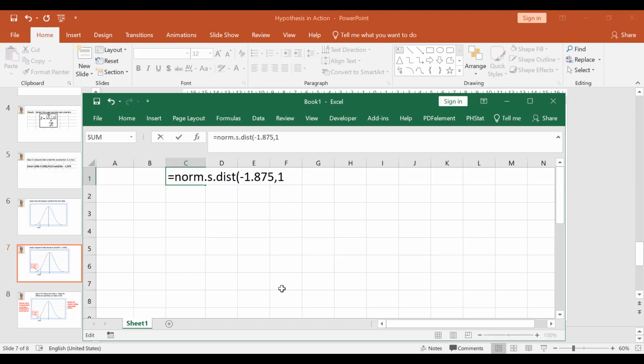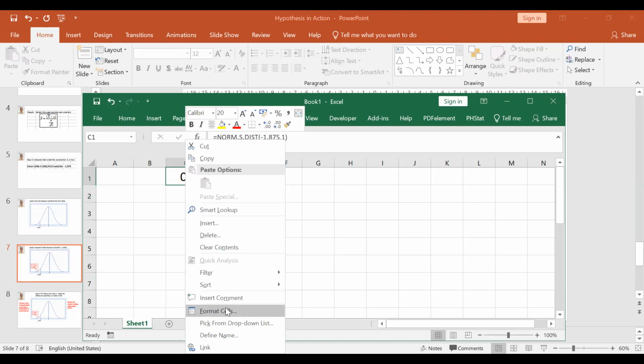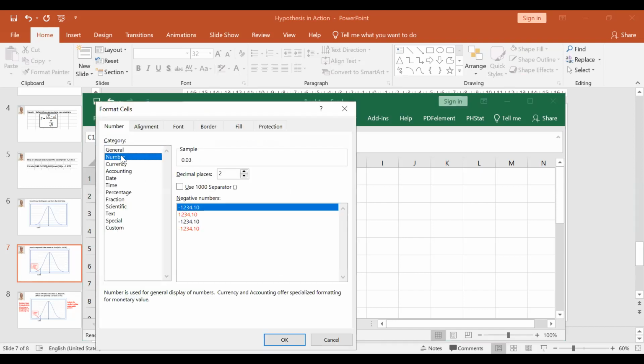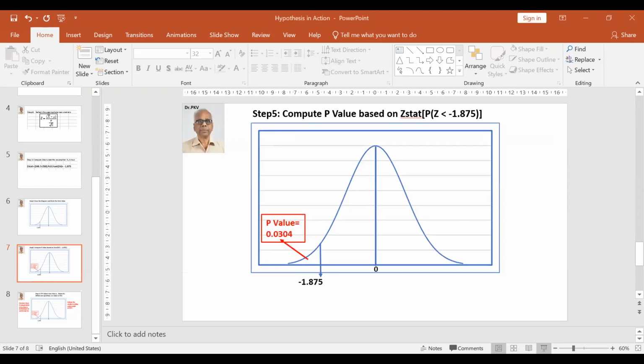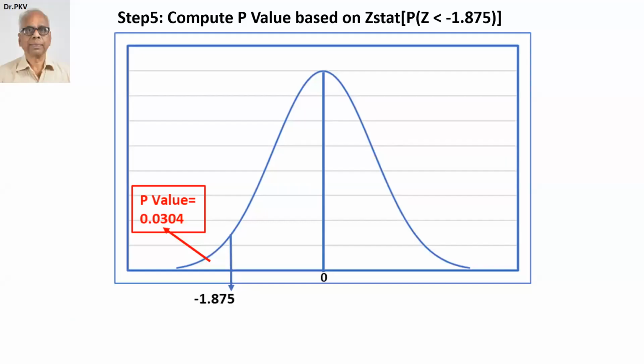If you put 0, it is false, but we need cumulative. Then we close the bracket and compute this. Let's show it with 4 decimal places. So when I do this, we get 0.0304, which is the value we get here. So the p-value is computed. This is step 5. Let's move to step 6.